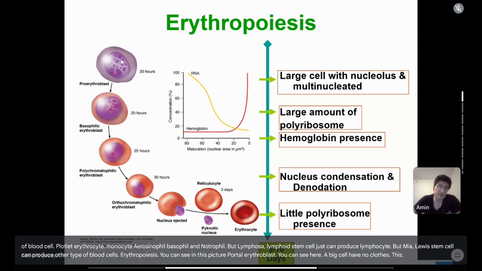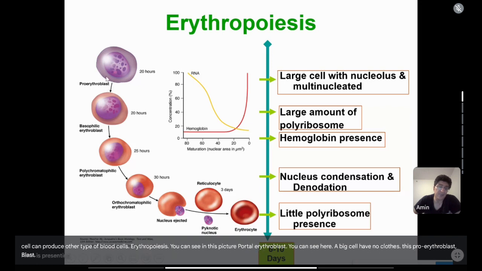This is the proerythroblast, the same as chondroblast, fibroblast, and osteoblast. This proerythroblast cell produces the basophilic erythroblast. This cell has a nucleus, a multilobed nucleus.